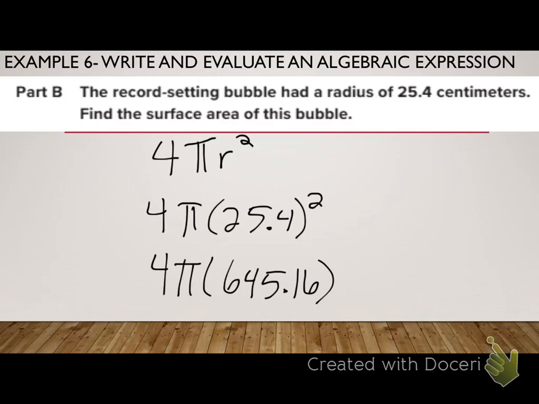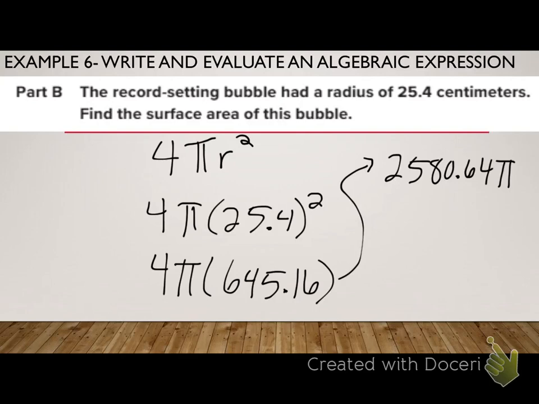And then I'm doing my multiplication here. I'm going to go ahead and do 4 times 645.16, and then I'll multiply it by pi at the end. So that gives me 2580.64 pi. If you guys didn't know it, these calculators actually have a pi button that you could type in.